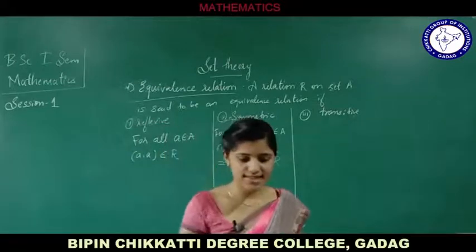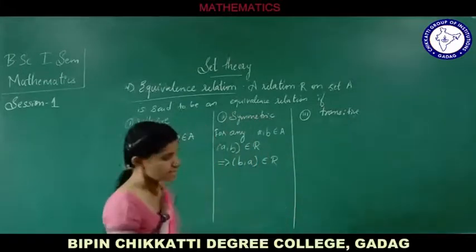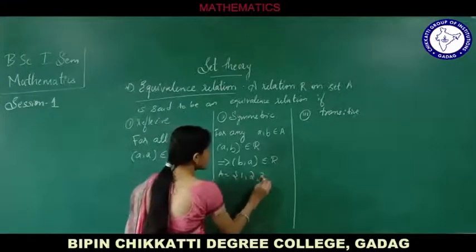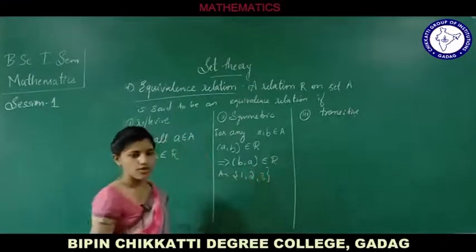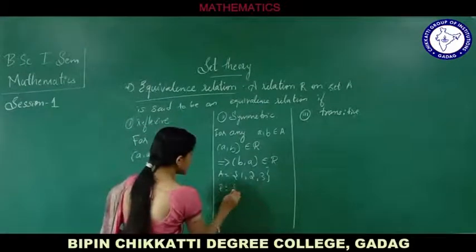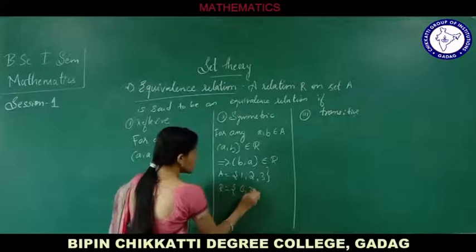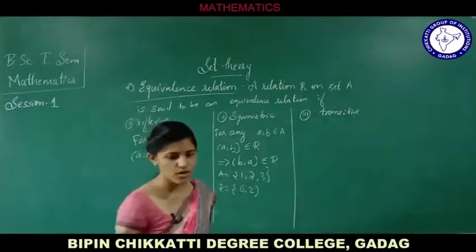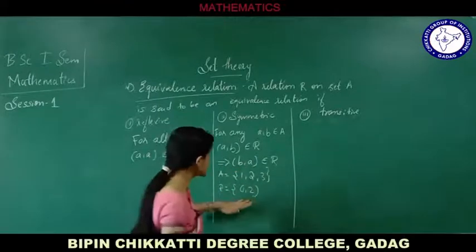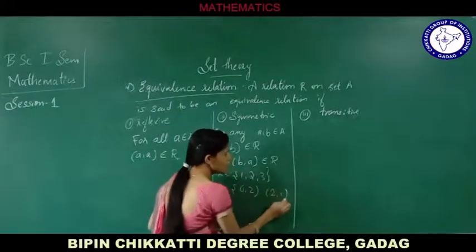Let us consider an example first. Suppose set A is equal to {1, 2, 3}. Then how are we going to define R? R is equal to (1, 2). Then (2, 1) should also be written in this relation.